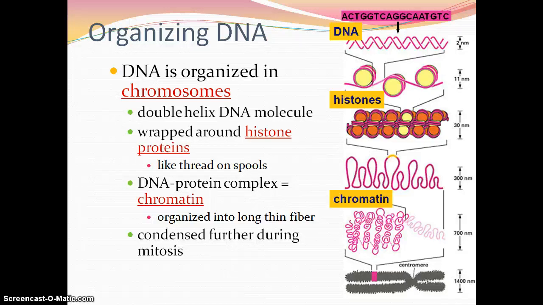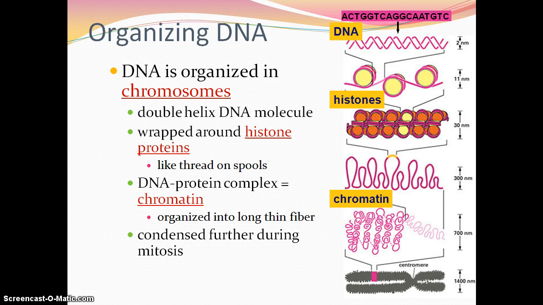Now, organizing DNA. This is again a little bit of a repetition, but focus again that DNA is organized into chromosomes. We have a double helix DNA molecule, and that DNA molecule is wrapped around histone proteins. That's how it's stored when it's not being replicated or transcribed.